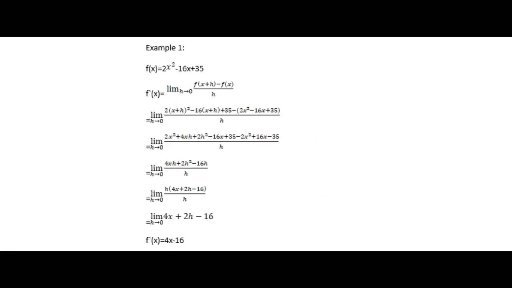So, we are going to have to do some work. In this case, that means multiplying everything out and distributing the minus sign through on the second term.